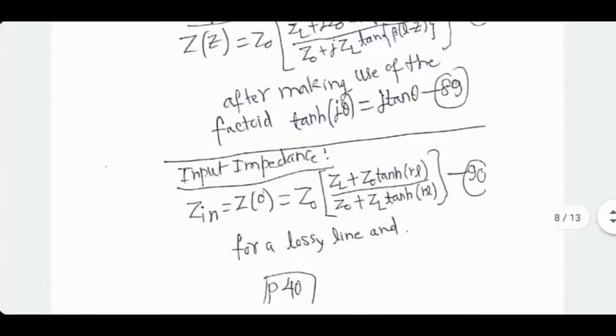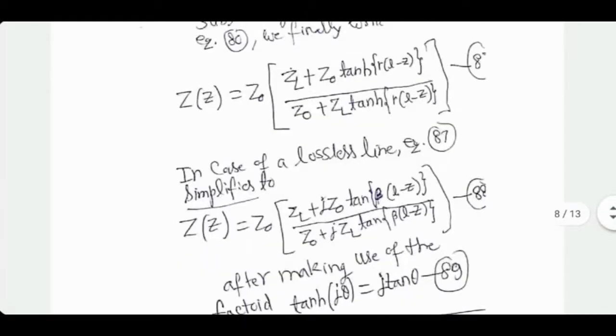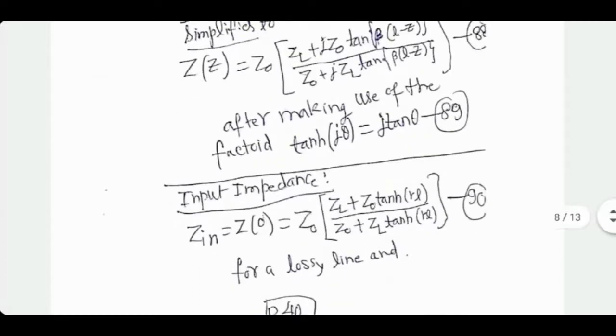Now, one very interesting special case is the input impedance, where small z is 0. If I put small z equal to 0, equations 87 and 88 become slightly simpler. Input impedance for a lossy line is equation 90 because small z is 0.